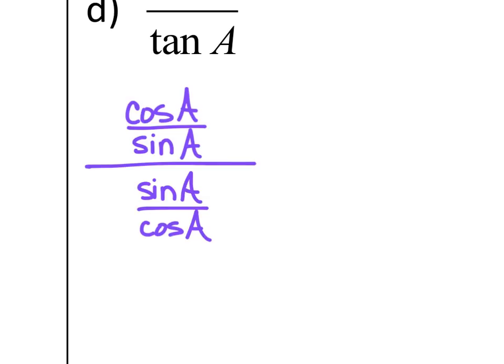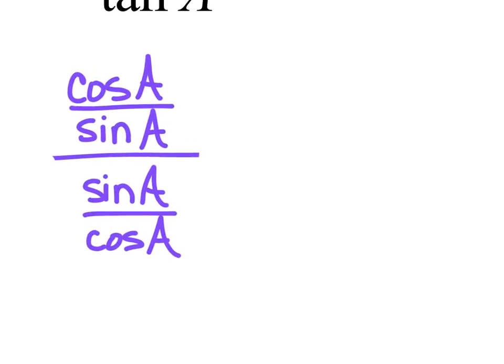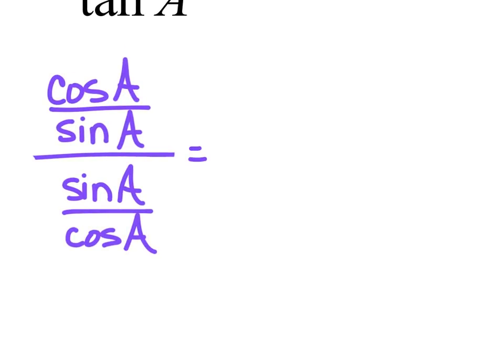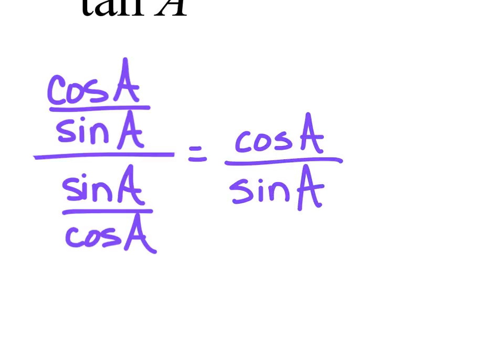And if you take those two fractions and divide them, you end up with cos of A over sine of A divided by sine of A over cosine of A.